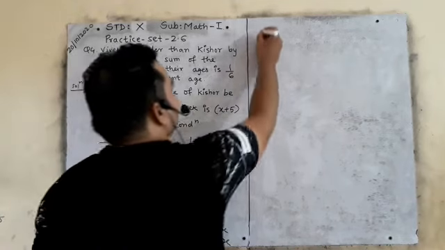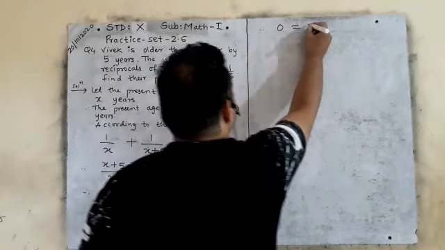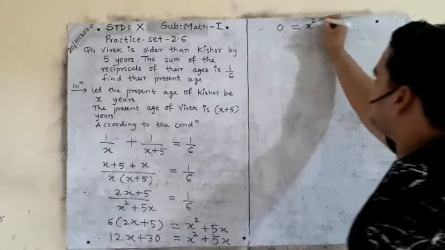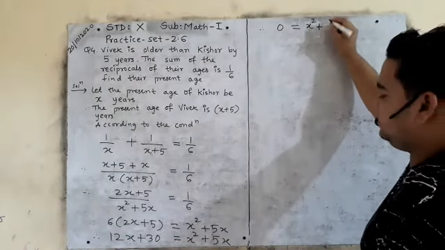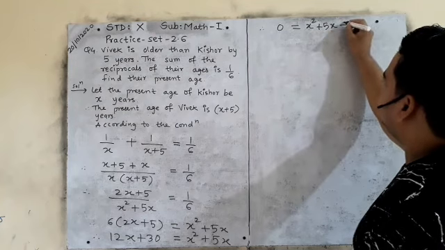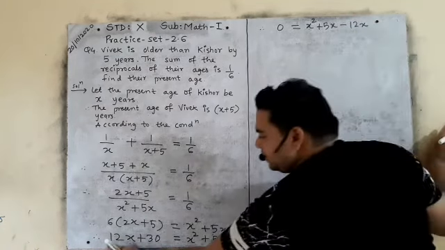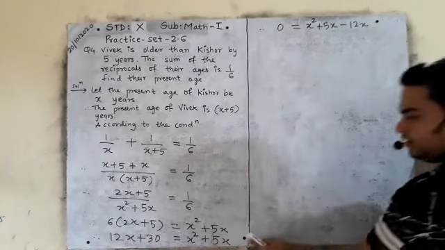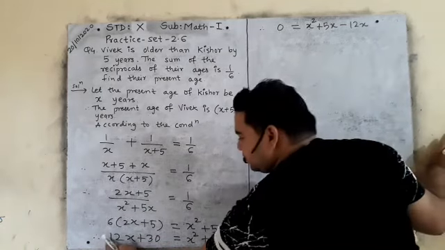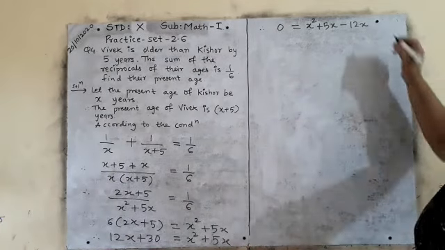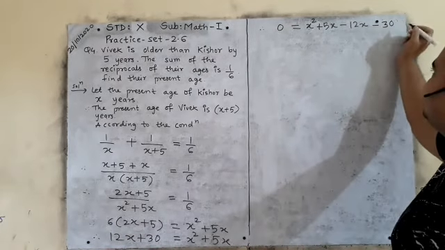So it will be 0 is equal to x square plus 5x minus 12x. Why is it minus? Because 12x is positive, it comes to the right hand side and becomes minus 12x, and plus 30 also becomes minus 30.